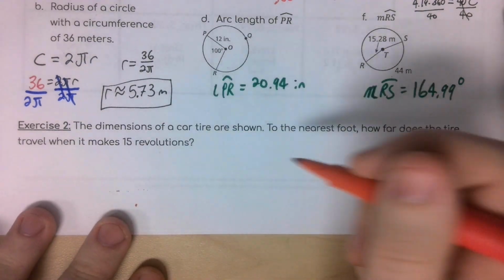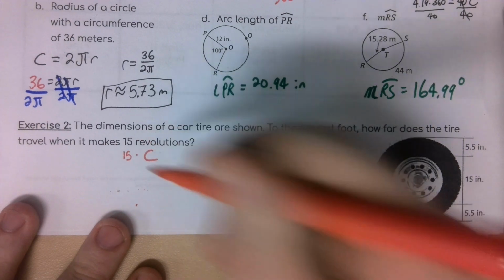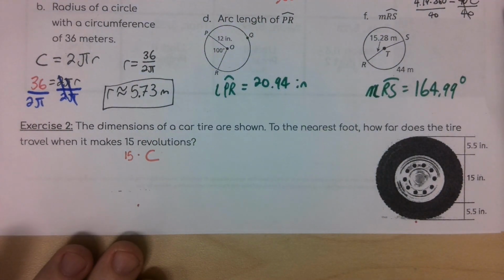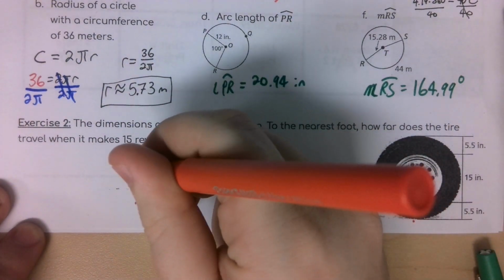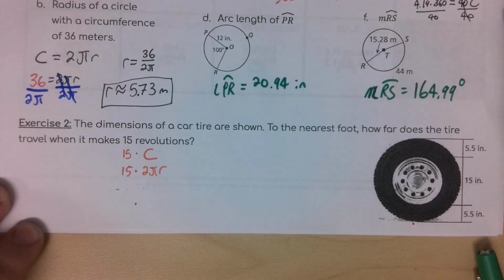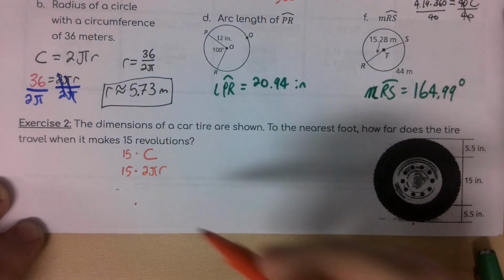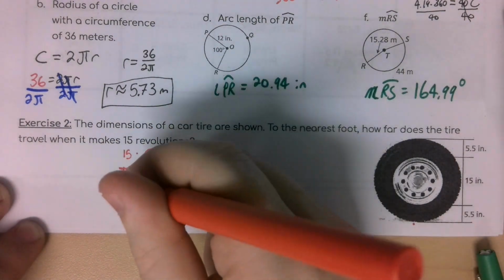So, 15 revolutions is another way of saying 15 times our circumference, c. All we have to do is figure out what our circumference is. That's where these dimensions come in. Folks, the circumference of a circle is 2 pi r, but we aren't given a radius here or a way to find a radius, so that's out.